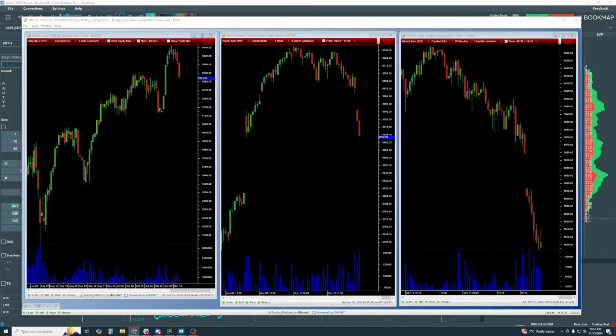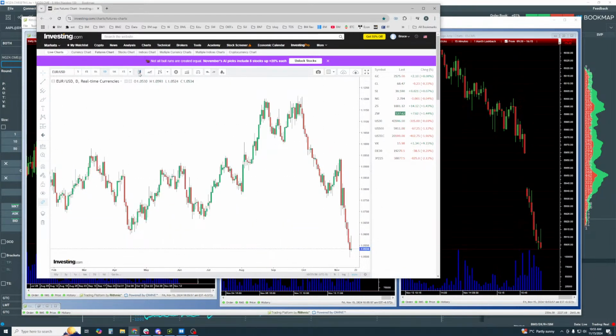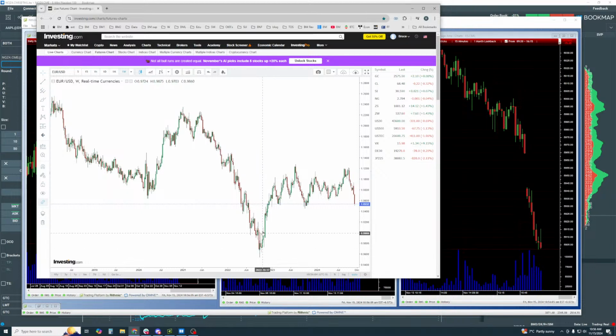Okay, so for example, I want to show you something here. I know you're all looking at this stuff too. But here we go. Euro dollar. Let's look at the weekly. So this was below parity, down here someplace, right around here. Here's a buck, and this is where €1 equals $1. Doesn't happen very often.